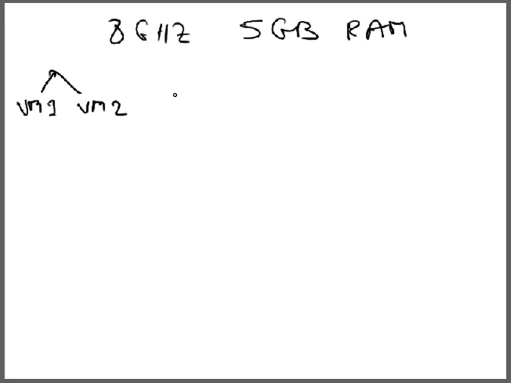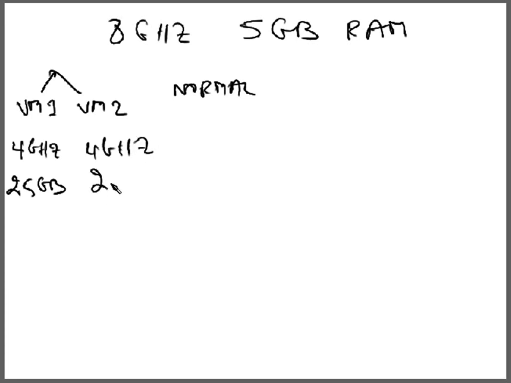Their shares are both set to normal. So in this scenario, since the shares are set to normal, the resources are going to be divvied up equally. So this virtual machine is going to get 4 gigahertz with 2.5 gig of RAM, and same thing here, 4 gigahertz with 2.5 gig of RAM for the second virtual machine as well.